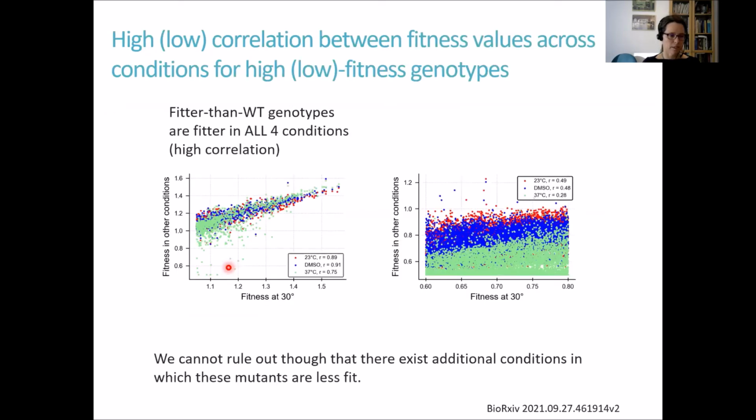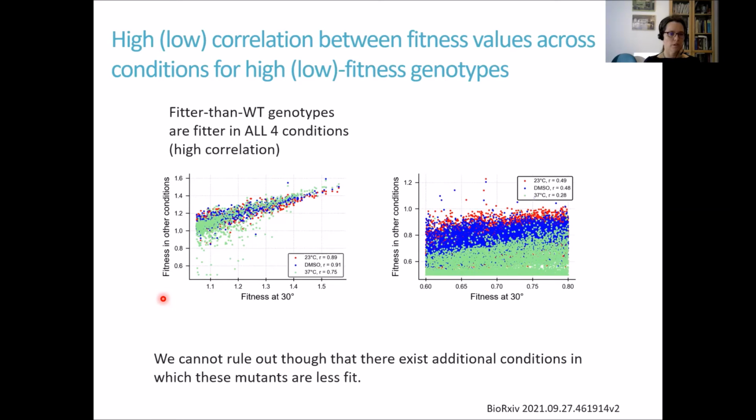So the first possible explanation that we looked at is maybe the wild type is suboptimal in any single condition, but it is the fittest on average. That would imply that the genotypes that seem to be fitter in one condition should be much less fit in other conditions.